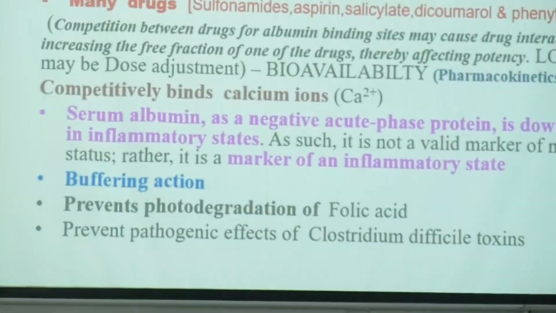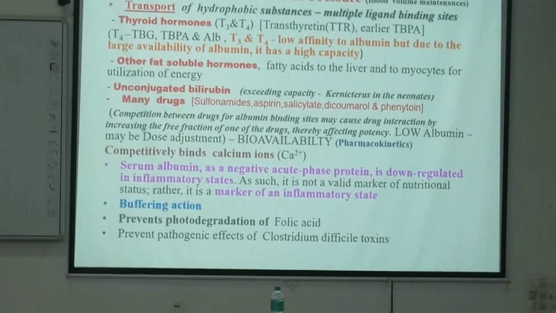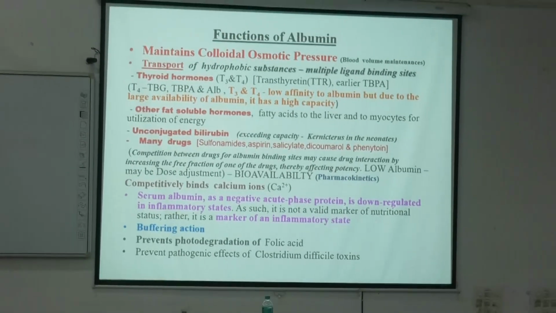Other fat soluble hormones are transported. Unconjugated bilirubin is transported, as I told you during the bilirubin class. Many drugs, I told you repeatedly, and there will be competition for the binding site between the drug and the endogenous substances.